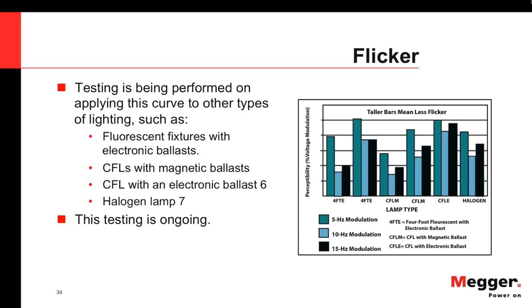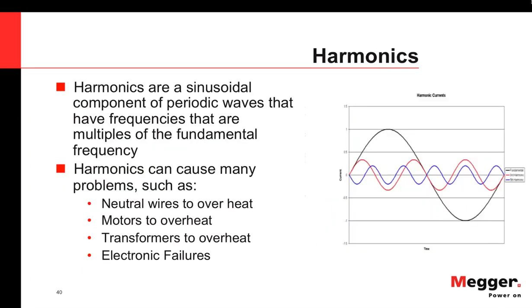This testing's ongoing, so there is no direct correlation for these types of lighting. But flicker is typically caused by other events such as RVC and interharmonics as well, and we're going to be covering the RVC in just a little bit.